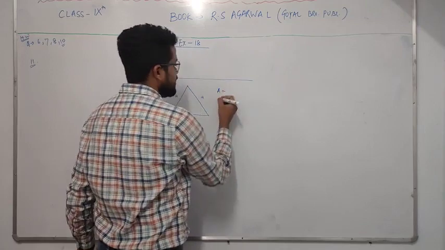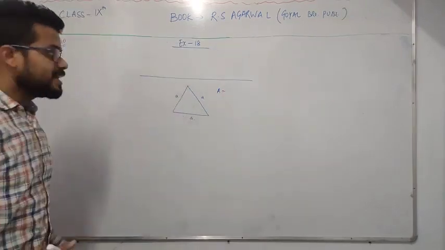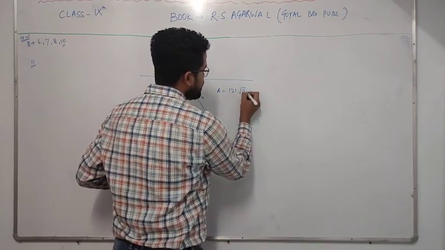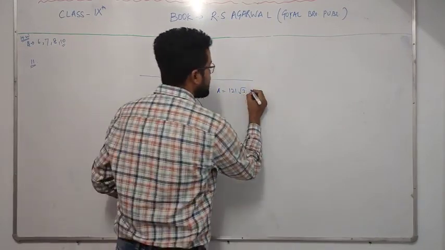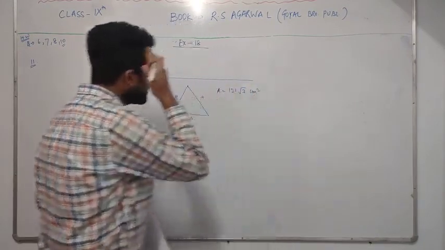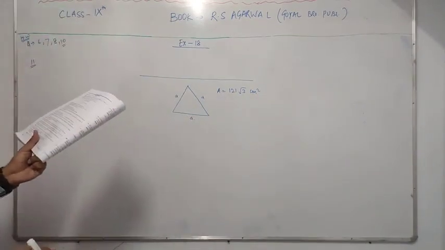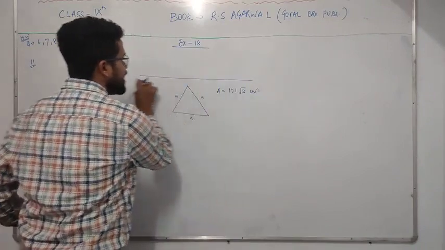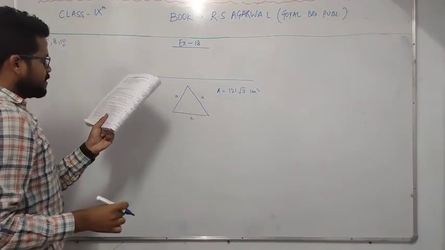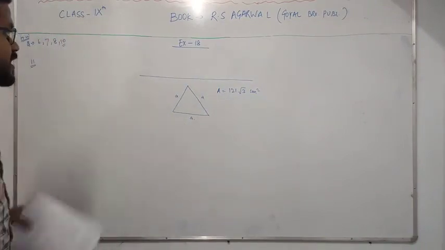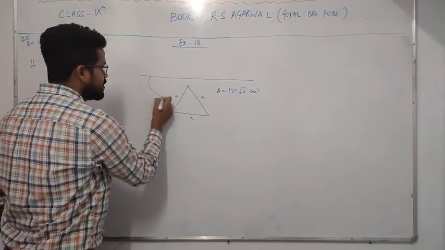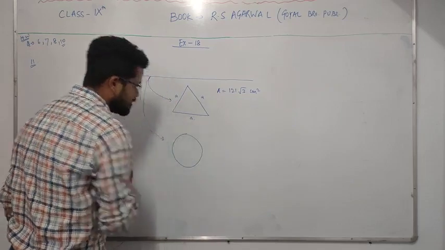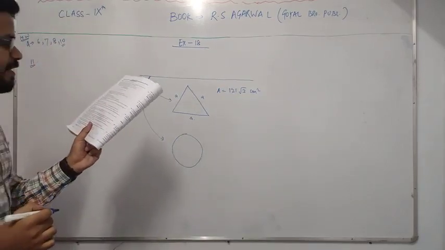Area is given in the question. If the same wire is bent in the form of a circle, find the area of the circle.